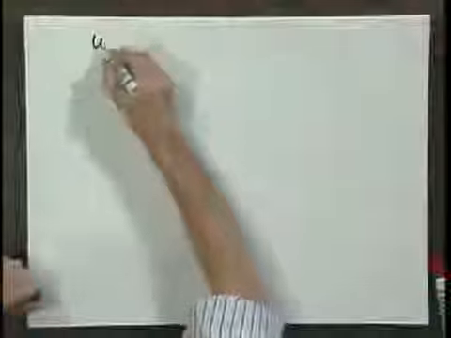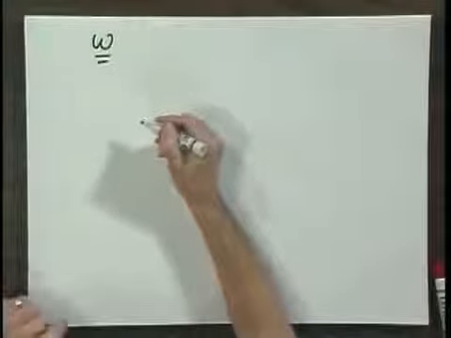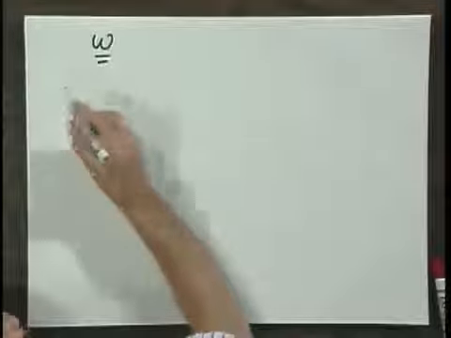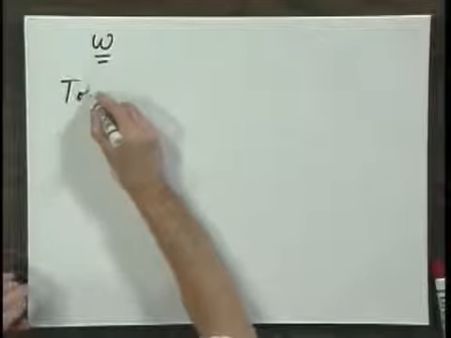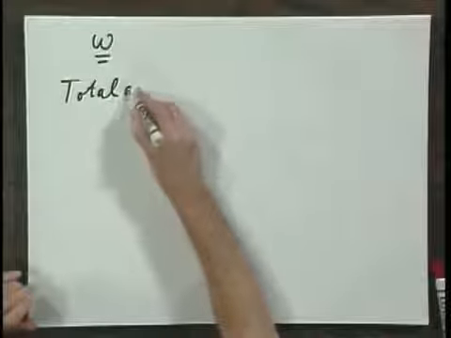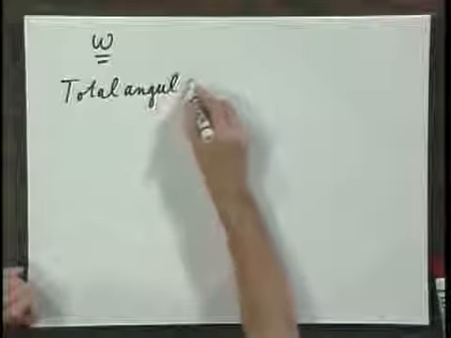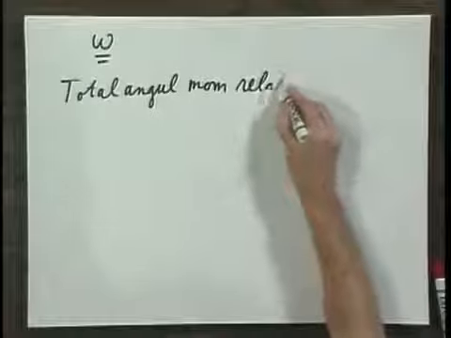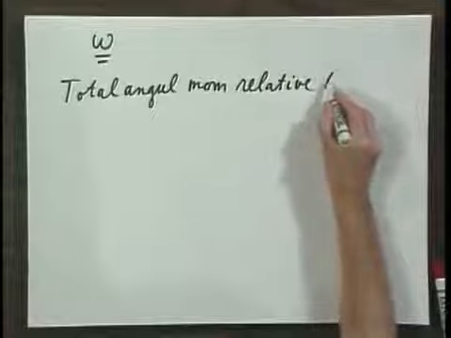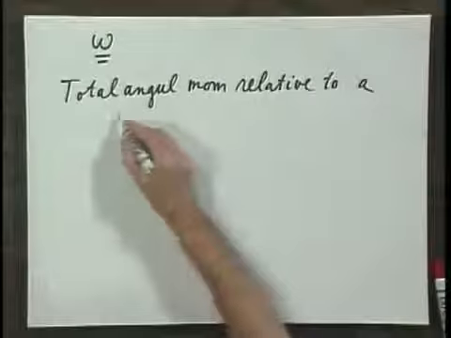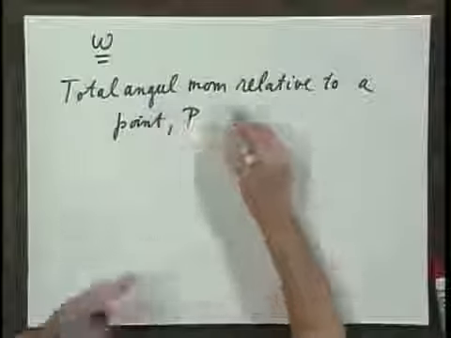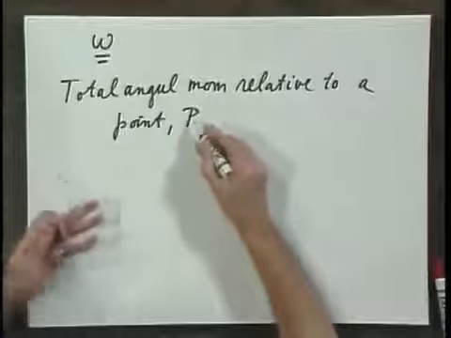Let's now calculate the angular velocity, omega, about the center of mass. I want to remind you of an important theorem, which you can prove if you want to, which is the following, and I will write it out. The total angular momentum relative to a point, and let me call that point P. Remember, angular momentum in general is defined as relative to a point.